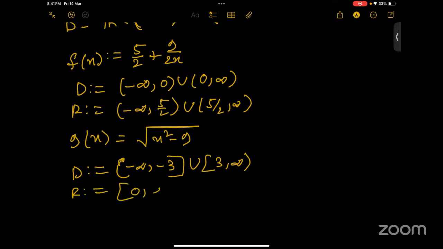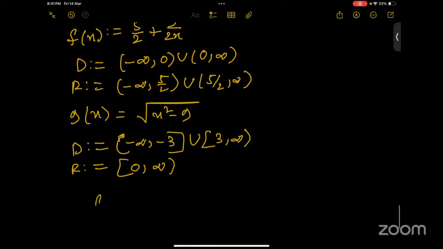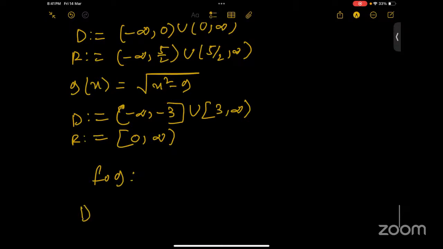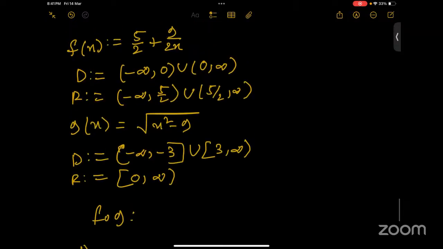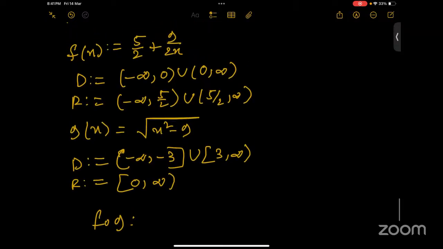Right? That means we have f from D to R. Now if we define f compose g and suppose we want to find the domain of f compose g. Madam, can you write A, B, C, D here? Yeah, sure.